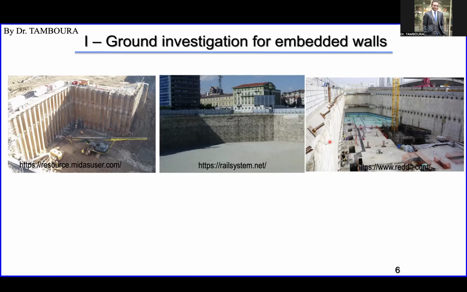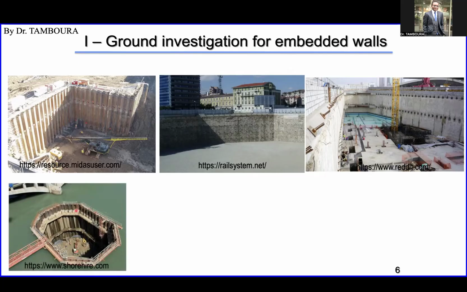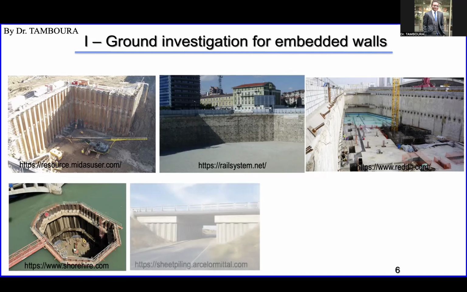So how do you design this kind of wall so that it can be stable? Or sometimes you need a cofferdam. Here you don't have only soil, but you also have water, or mainly water, to retain. How do you design this?